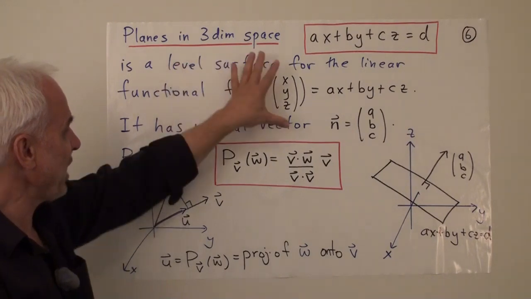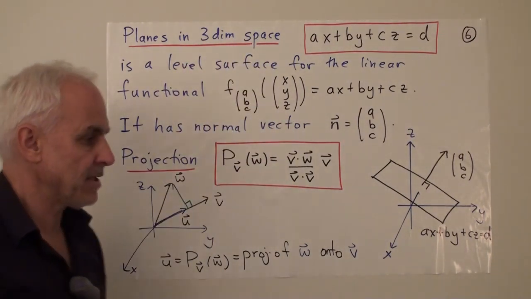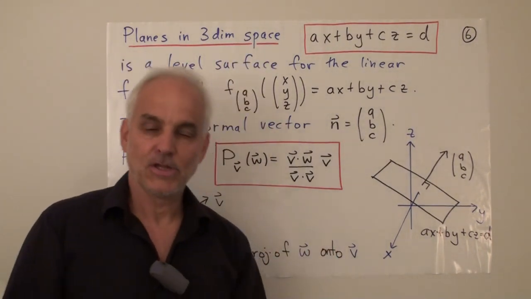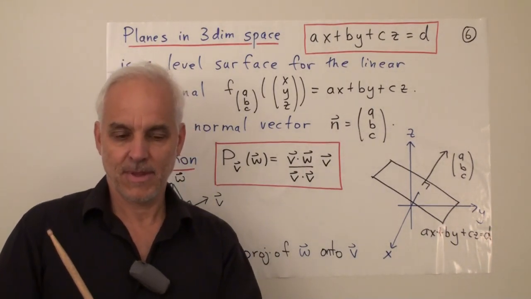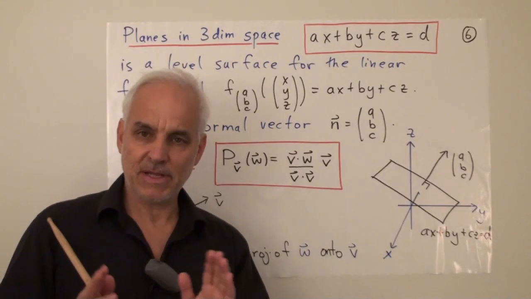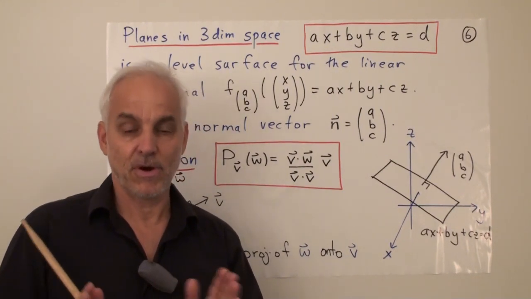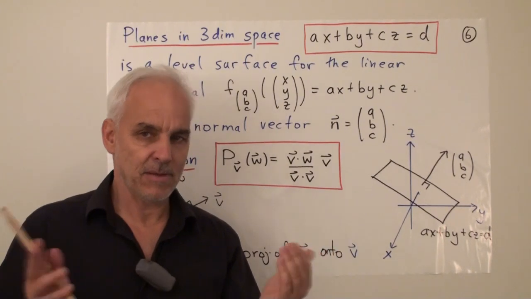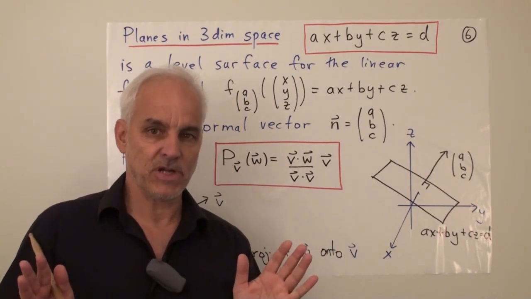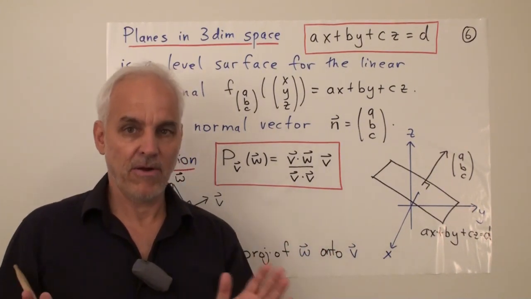All right, so our understanding of planes in three-dimensional space is now very parallel to the understanding of lines in two-dimensional space. And if you're coming from high school, this may be a little bit of a different orientation. We're thinking often of lines and planes as being different kinds of objects, but they're very parallel here.